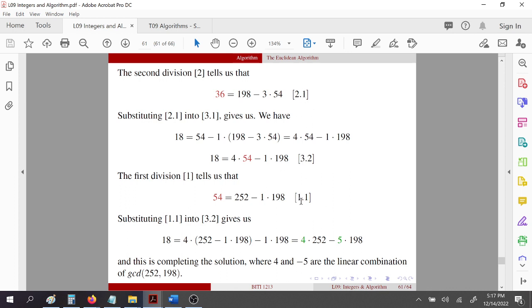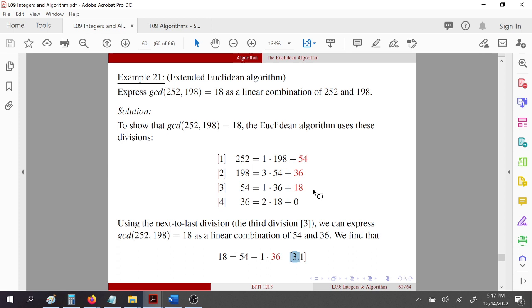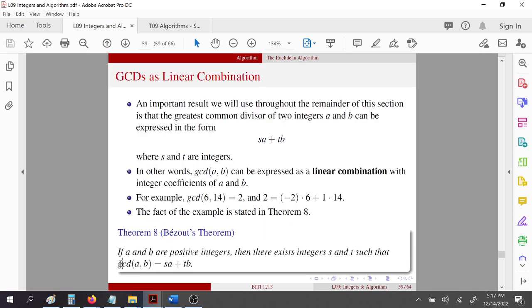This is the new equation that we obtain from here. The reason is we want our last final equation to be like this: GCD value equal to SA plus TB, where S and T form a linear combination.